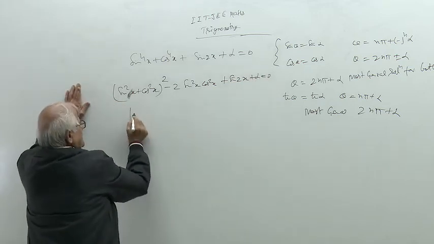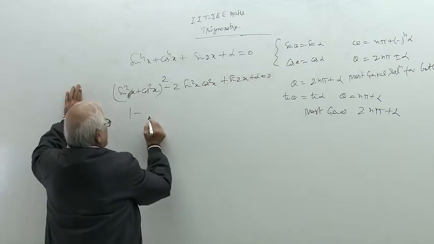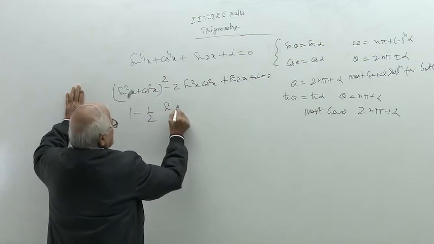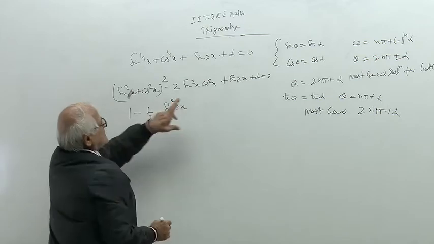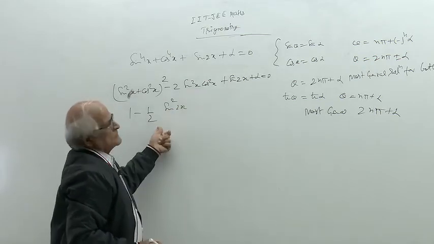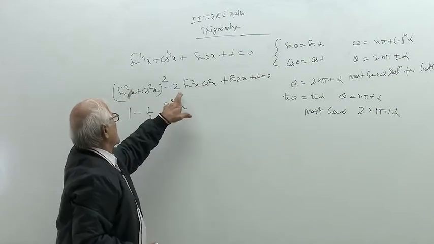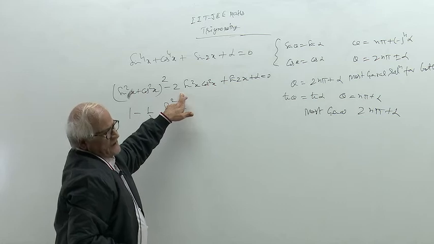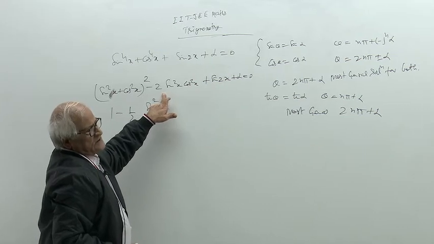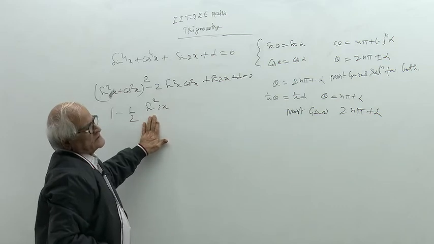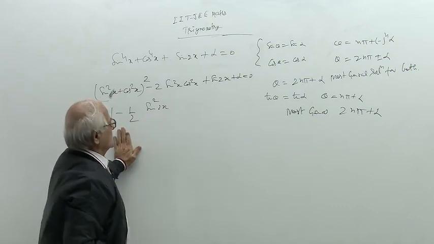Now this is 1. We know. Here we put again the formula, we can write the sin square 2x from this, multiplying by half, because 4 should be there. 2 sin x cos x is equal to sin 2x. Therefore here is square, therefore is sin square 2x upon half.